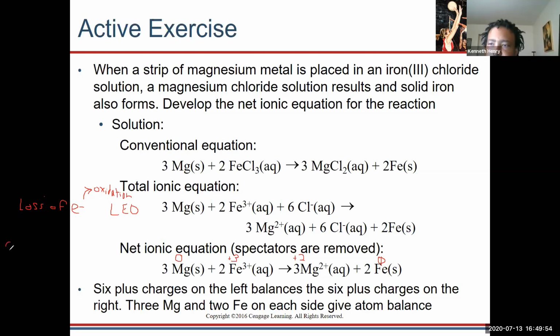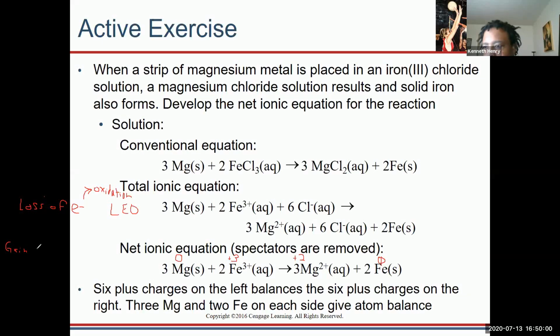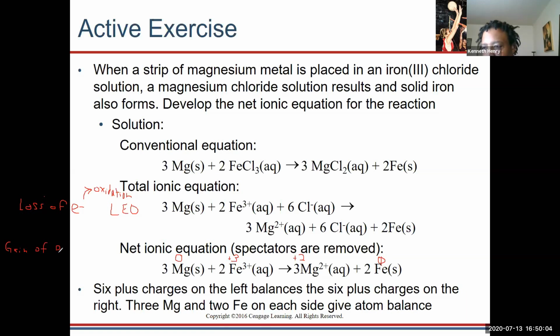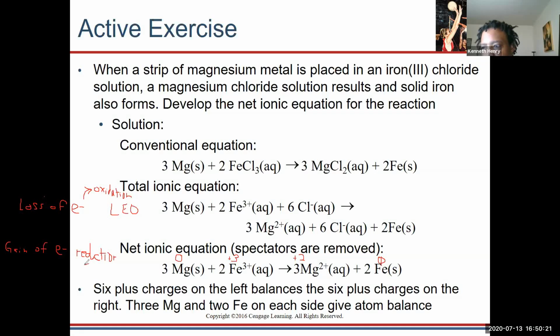And then gain of electrons is going to be reduction, and I say GER.